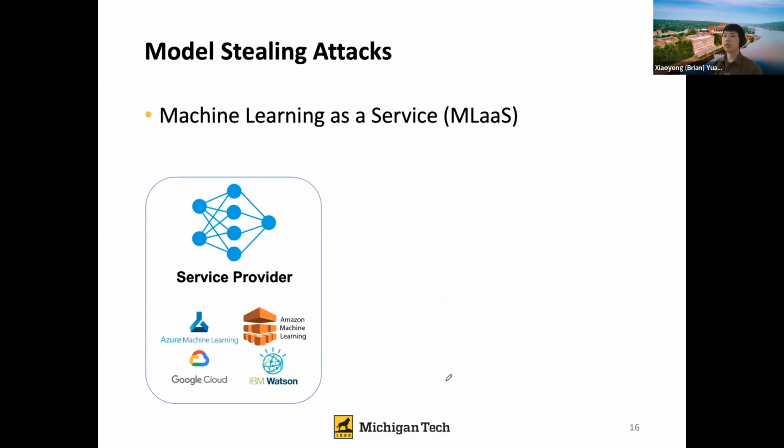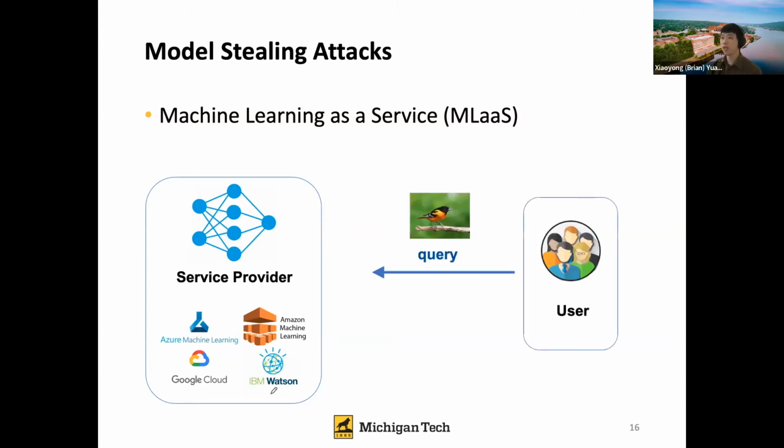In recent years, many cloud providers like Google, Amazon, Microsoft, and IBM provide their machine learning models as part of their cloud service. We call it machine learning as a service.